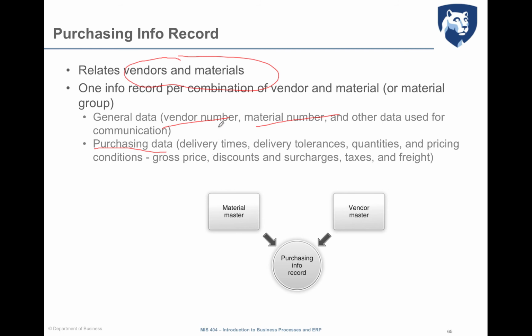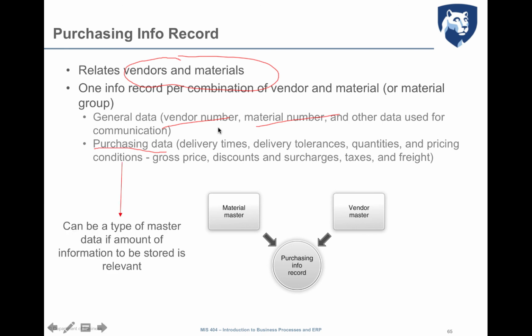Please remember that companies use pricing conditions to determine the cost of purchasing from the vendor, and the info record can define a number of different condition types, including gross price, discounts, surcharges, taxes, and freight. And if the amount of information to be stored here is relevant, conditions can, as we already said before, become a type of master data to be stored and consulted using SAP ERP.